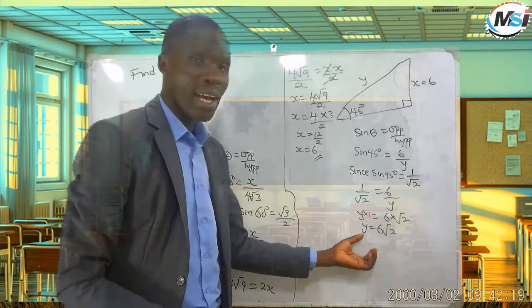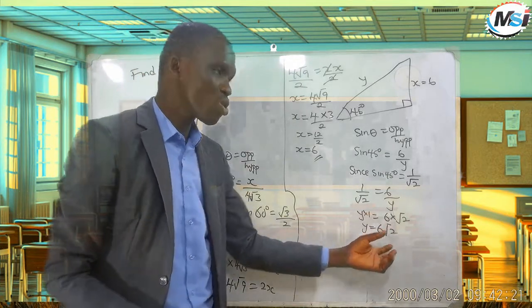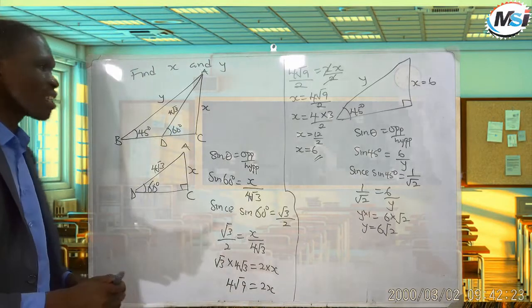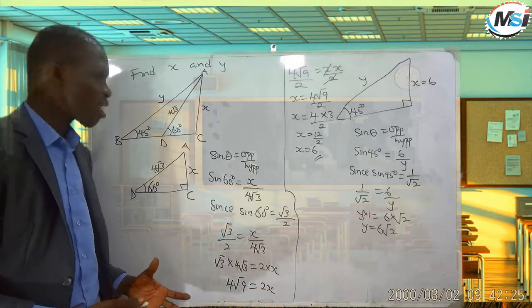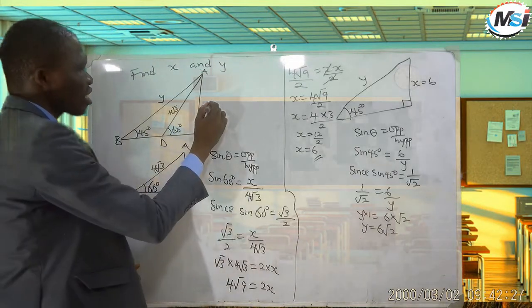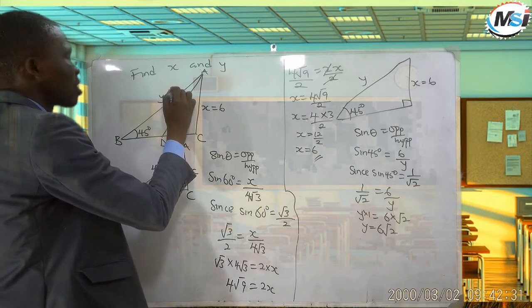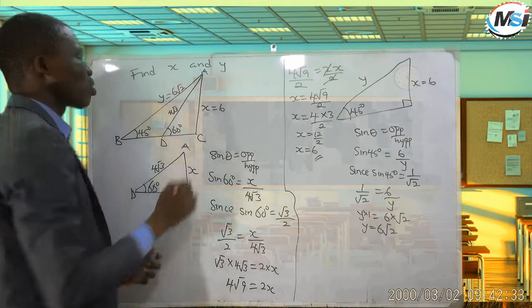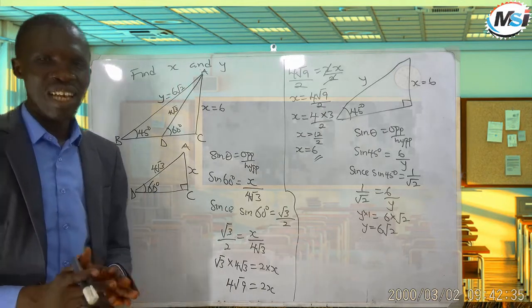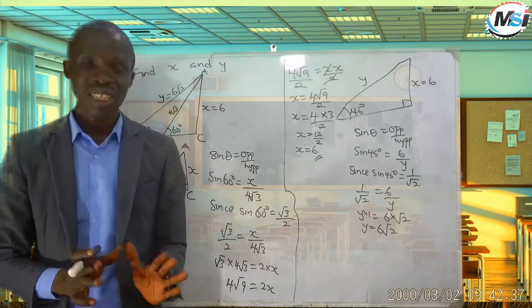So y will give us 6 root 2. Now from here we can come to conclusion by saying x equals 6 and y equals what? 6 root 2. I believe you understand everything we have done so far in this class.